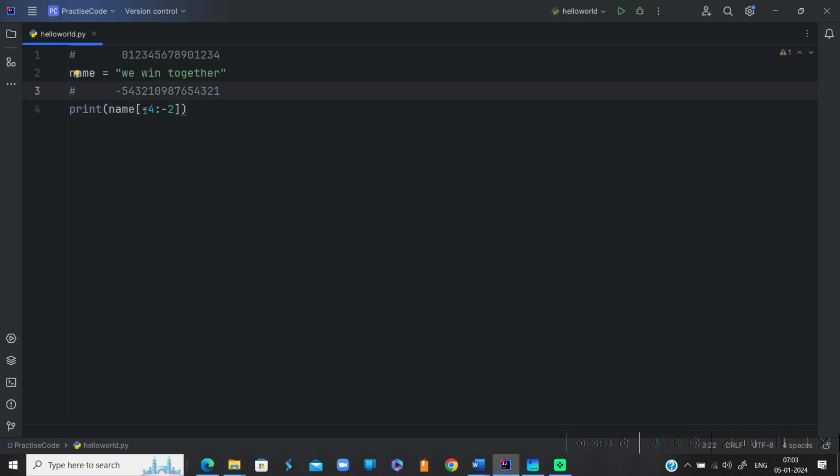If we take negative indices, it means that indexing goes from the last to the beginning. So R is minus 1, E is minus 2. Here it is showing minus 4. Minus 4 means T. It starts with T and goes to E.